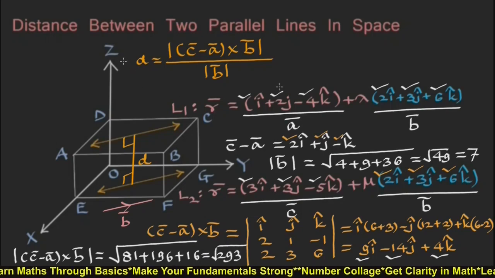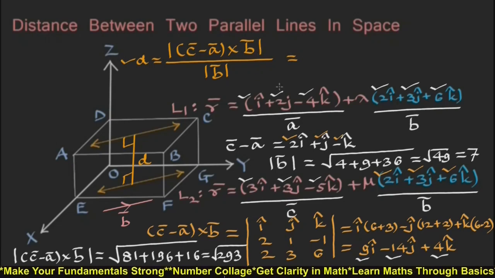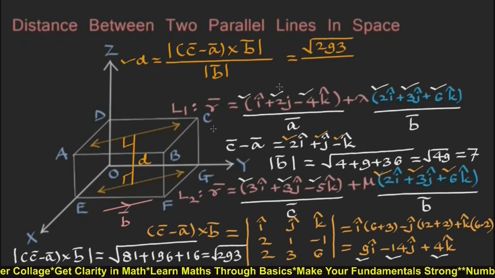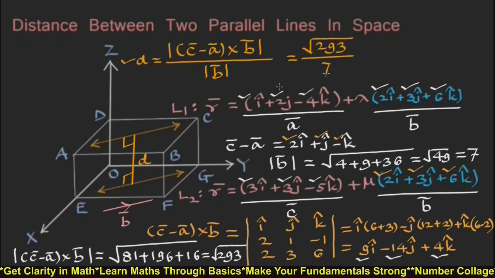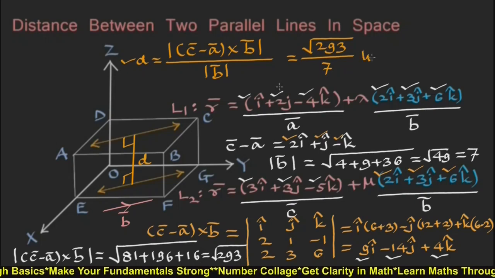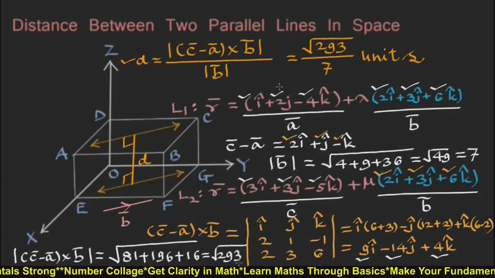Now for a distance D, we have mod c bar minus a bar cross b bar, square root 293, upon mod b bar, which is 7. So square root 293 upon 7 units will be the distance between parallel lines L1 and L2.